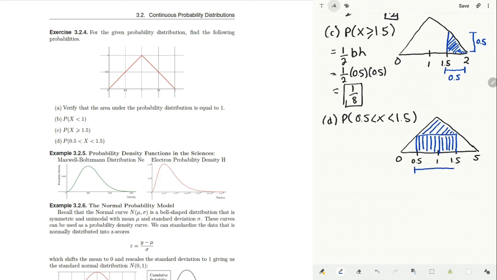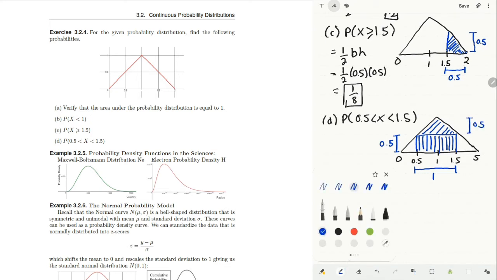The base of both of these objects have a length of 1, and the height of each of these are both 0.5. And so the probability is going to be the area of the rectangle plus the area of the triangle.